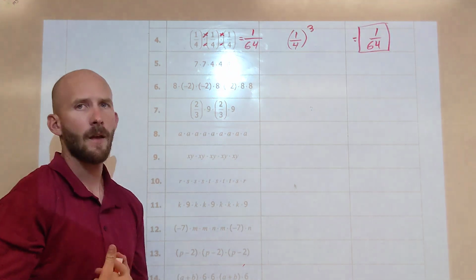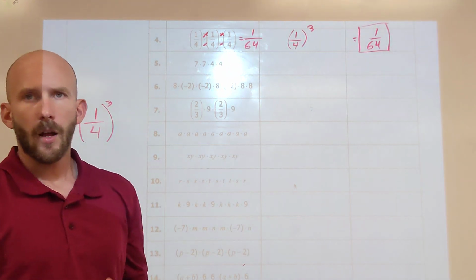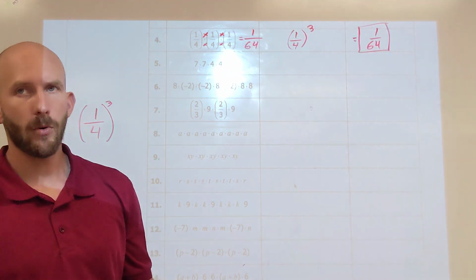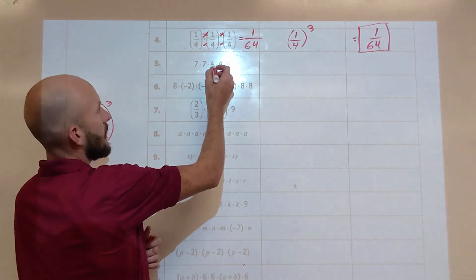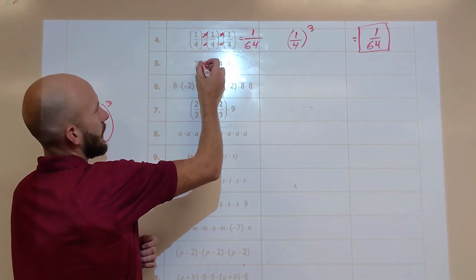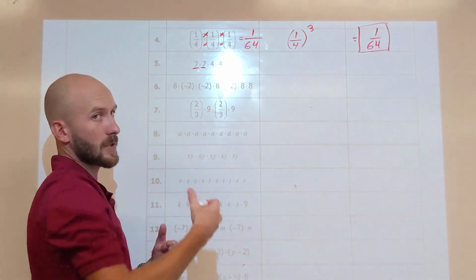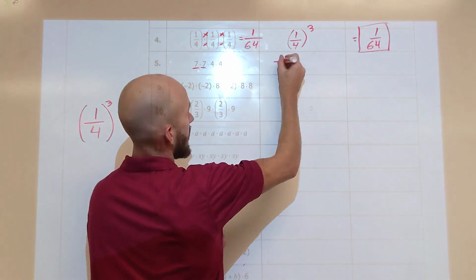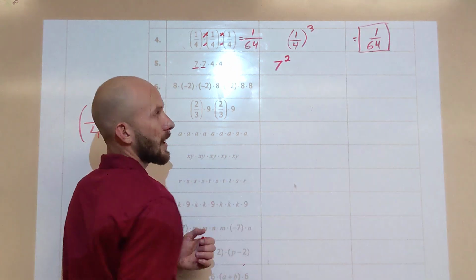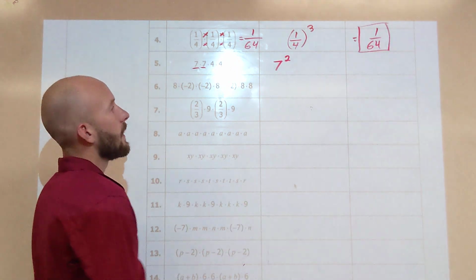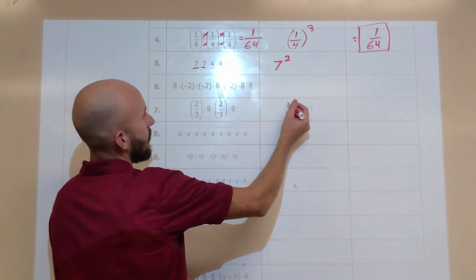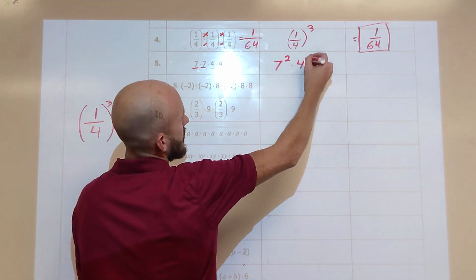All right. So now we're going to have some different numbers mixed together. I just group the things that are the same together. So 7 times 7 I can write as 7 to the second power, and then times 4 to the third power.